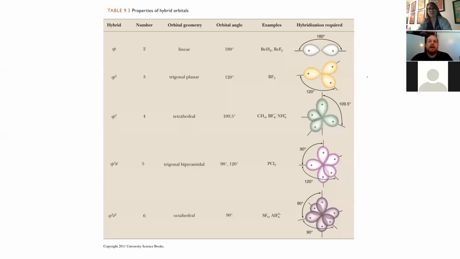So you can sort of see from the table here, if we look at it based on the steric number and hybridization, the trend here is that you have the steric number and hybridization and the orbital geometry or the electron geometry.